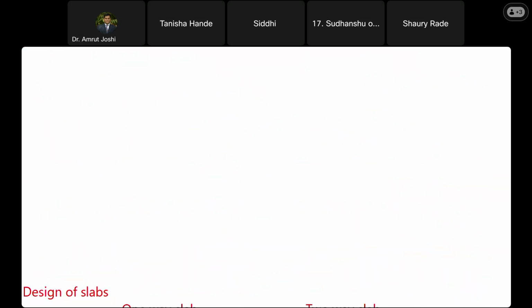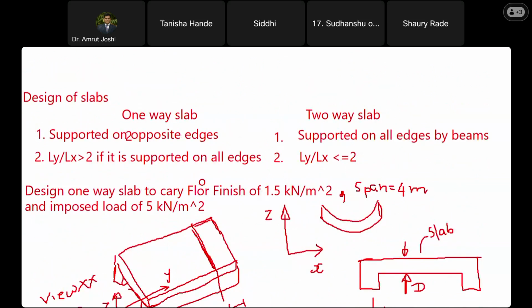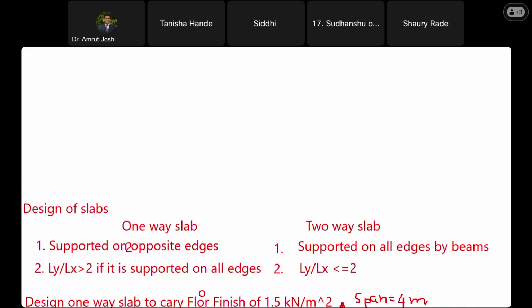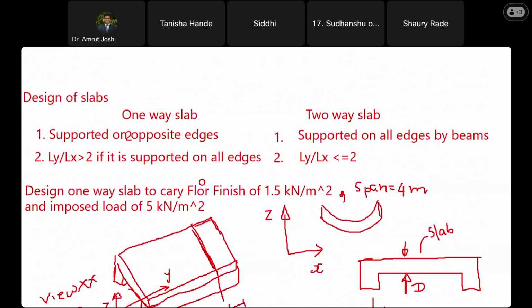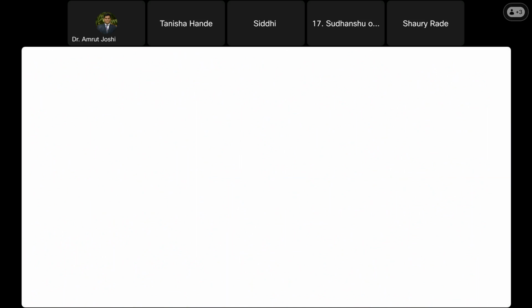Okay. I will take a new whiteboard. Is the new whiteboard visible? Yes, sir. So let me go ahead with load calculations.